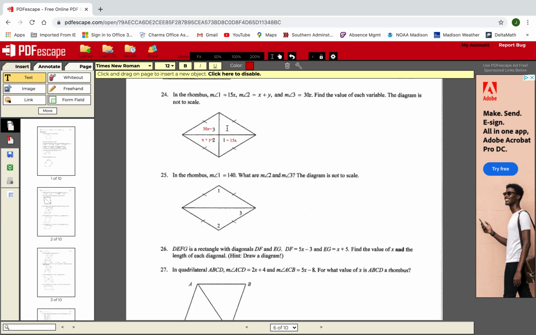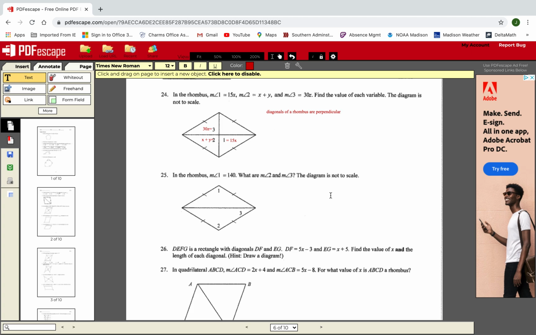Now this is a rhombus. One of the most basic things that we know about a rhombus is that the diagonals are perpendicular. Diagonals of a rhombus are perpendicular. What that means is each one of those is also going to equal 90 degrees.